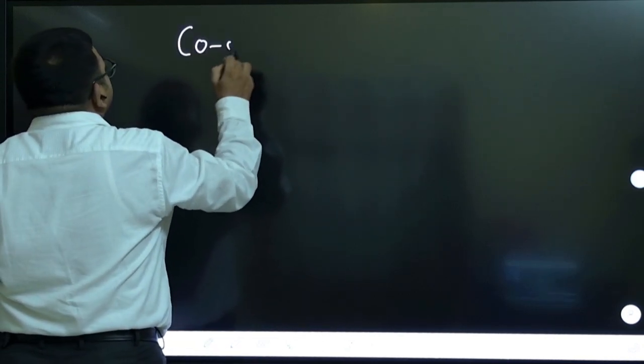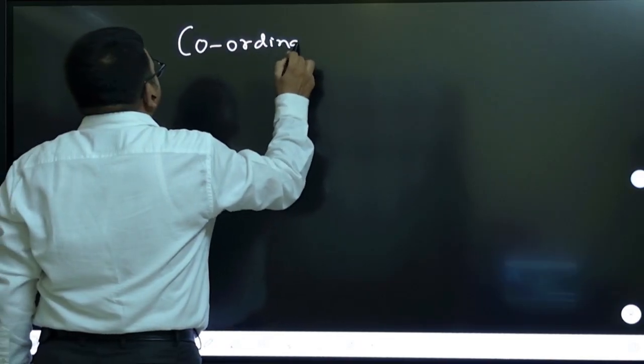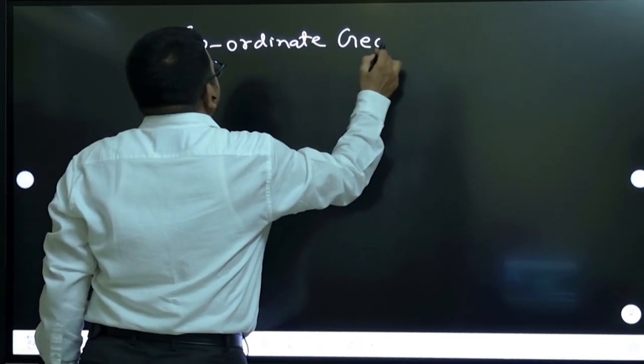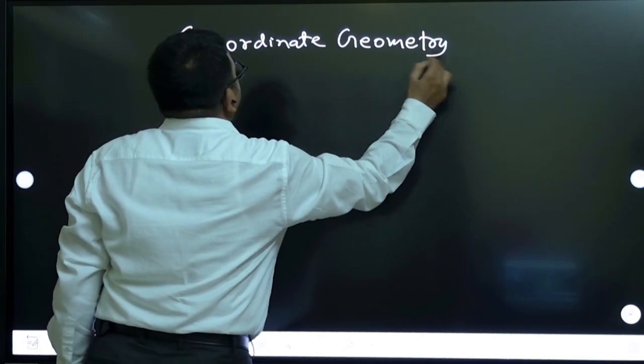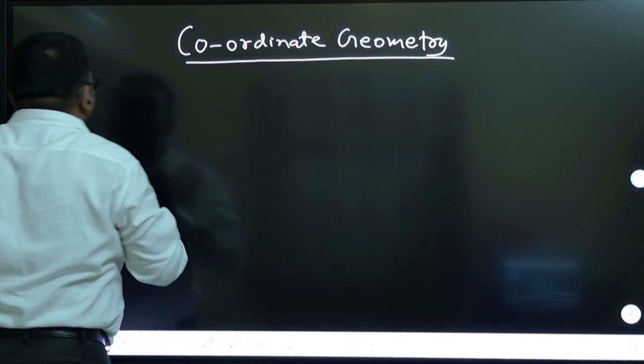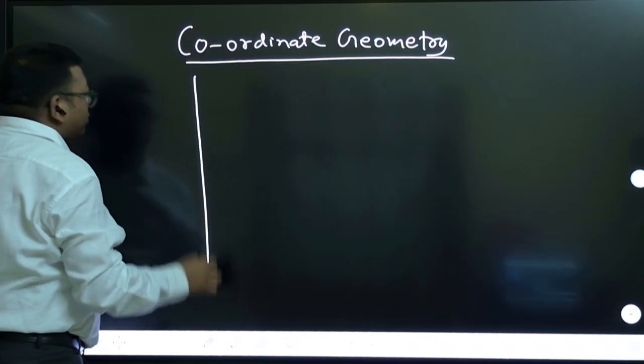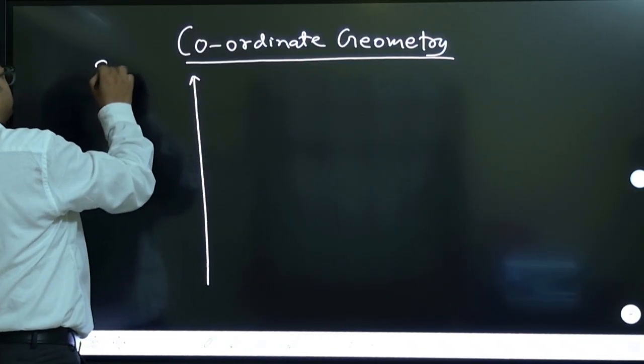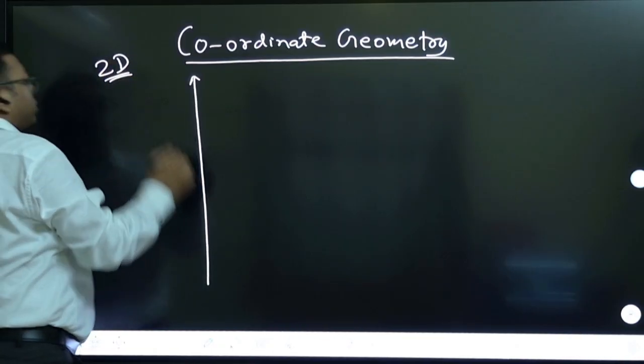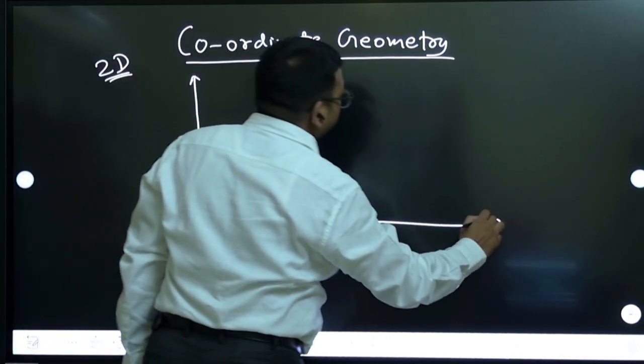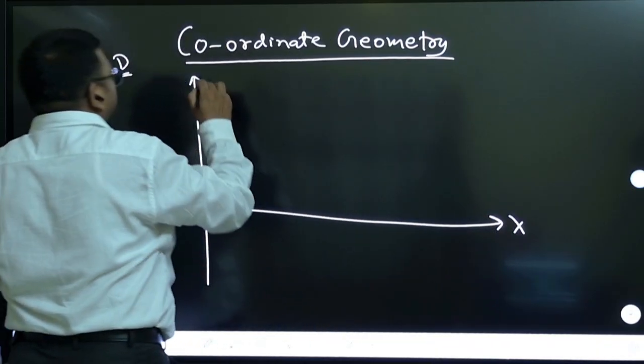So let us go into coordinate geometry. In coordinate geometry, first of all, we should know we are focusing on two dimensions, 2D coordinate geometry. 3D coordinates we will see afterwards. It is the XY plane.